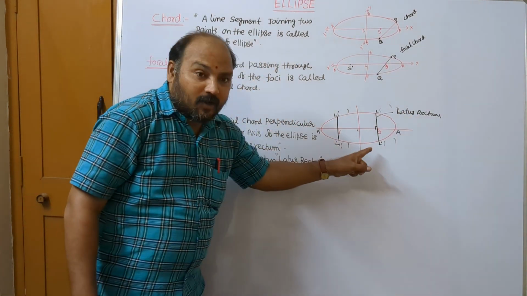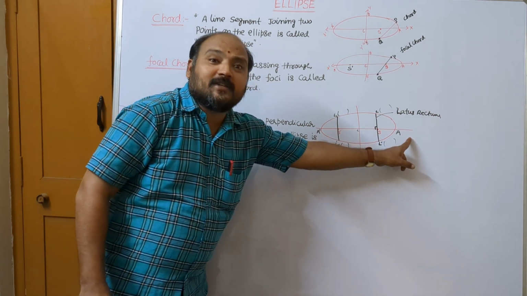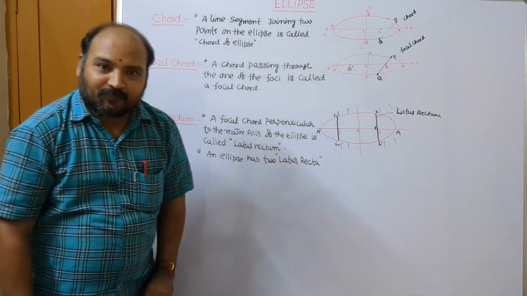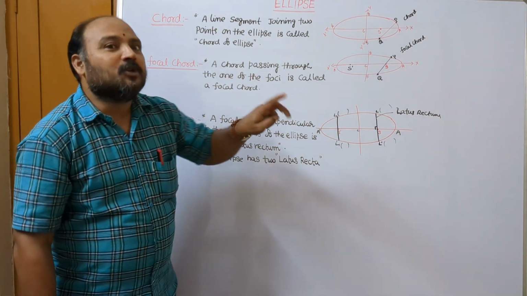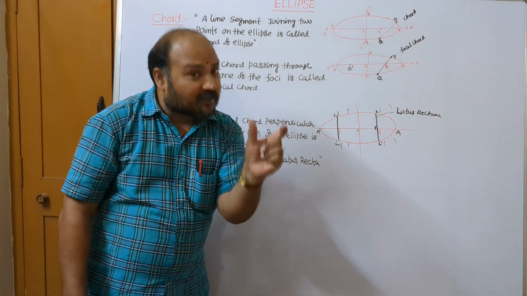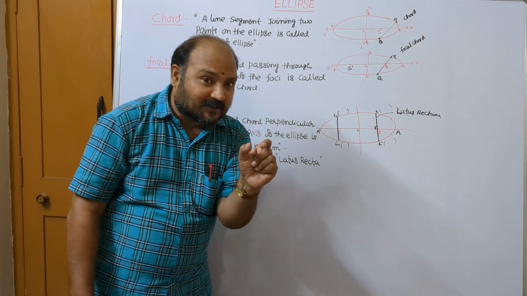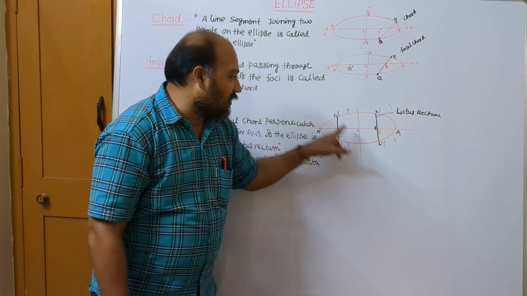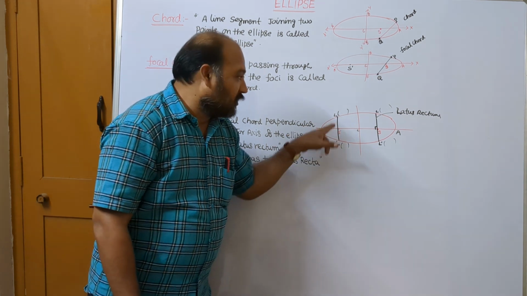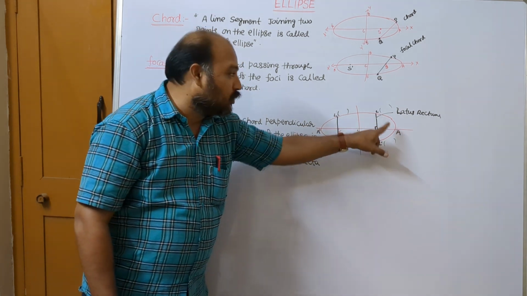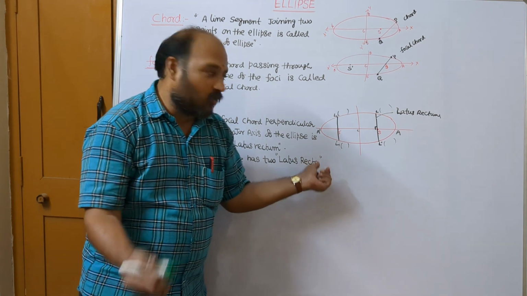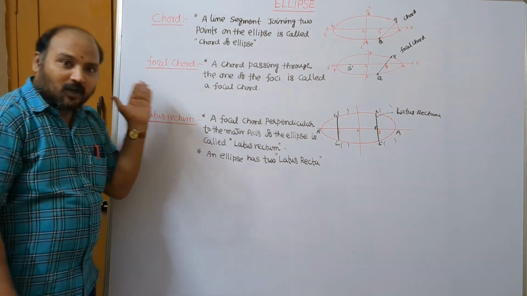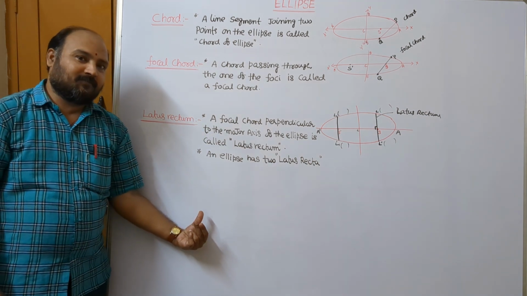The focal chord perpendicular to the major axis of an ellipse is called Latus rectum. For the ellipse, 2 Latus recta will be there. Latus recta is the plural of Latus rectum. So L dash, here L1, L1 dash, this is also Latus rectum. So 2 Latus recta will be there for the ellipse. So this is about chord, focal chord and Latus rectum.